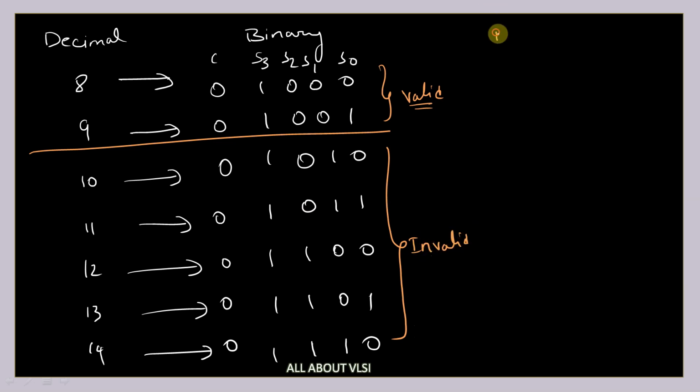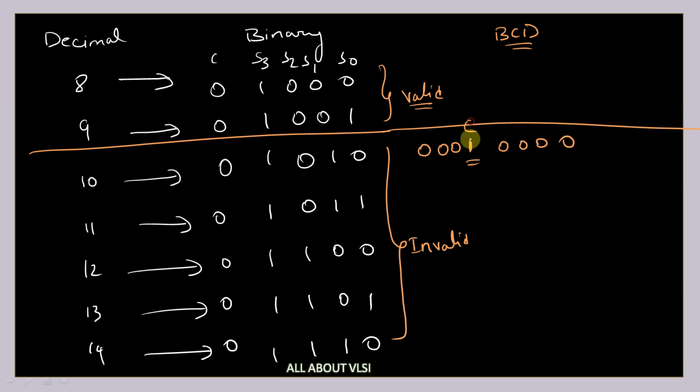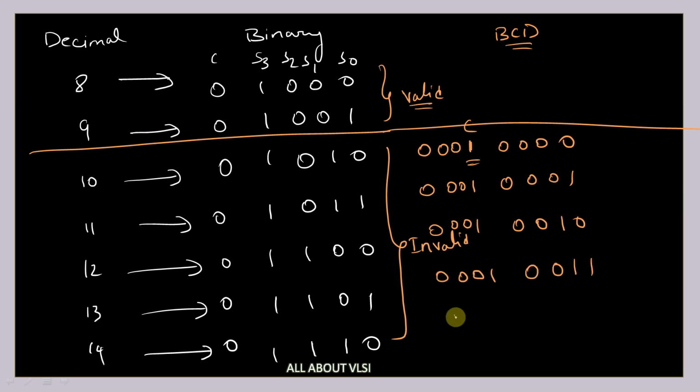So let us write the invalid codes in BCD. How are we going to write this 10? 10 is written as 0 0 0 1 and 0 0 0 0. This is your C. 11 is 0 0 0 1 0 0 0 1. 12 is 0 0 0 1 0 0 1 0, and so on.